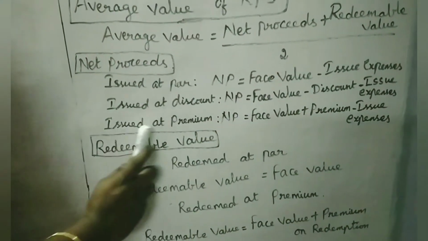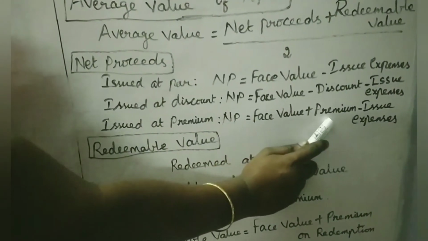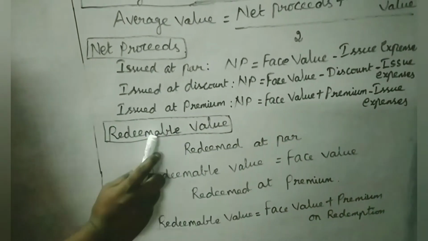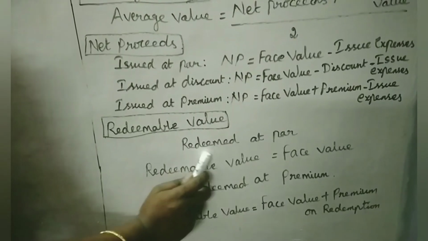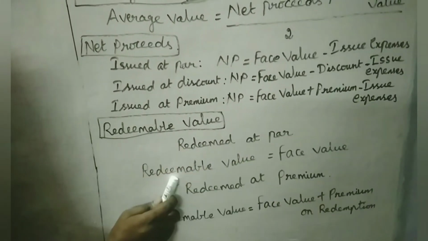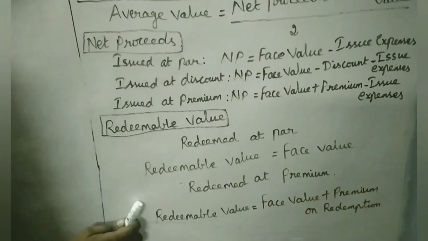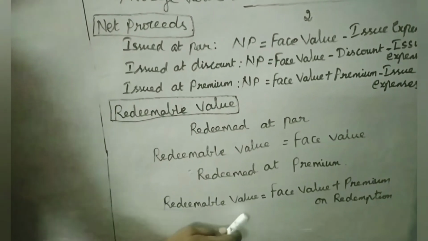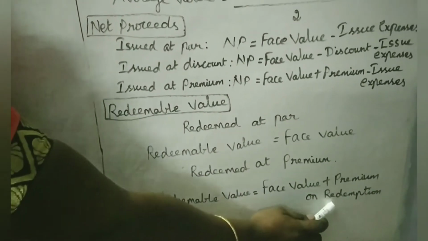If the issue is at premium, net proceeds is equal to face value plus premium minus issue expenses. For redeemable value, if the preference shares are redeemed at par, the redeemable value is equal to face value. If redeemed at premium, the redeemable value is equal to face value plus premium on redemption.